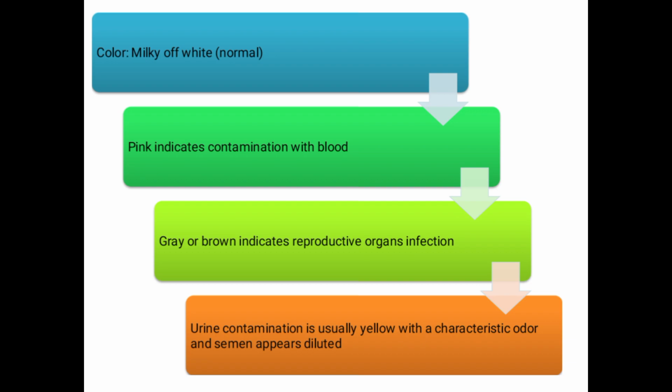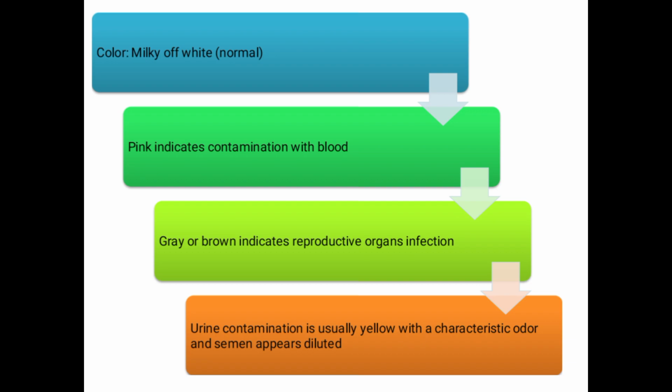Color of the semen that is milky off white is considered normal. However, a change in the color may be considered abnormal or a restriction to further proceedings, and it may greatly lose economic and other quality parameters for fertilization as well.